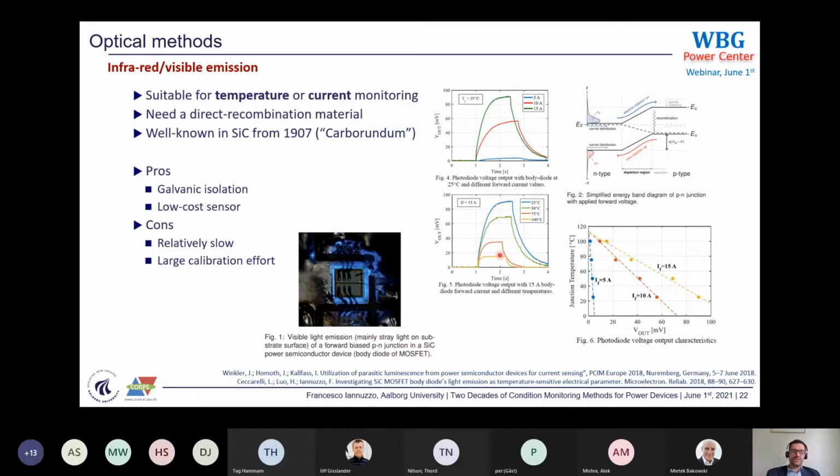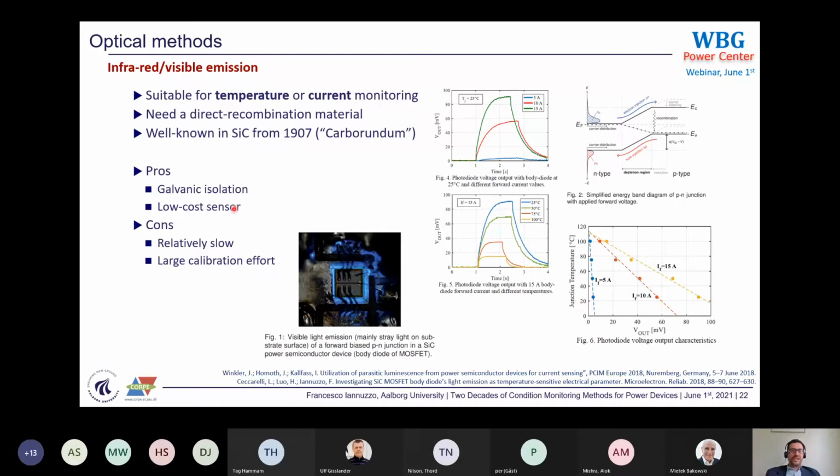It is not extremely sensitive, but you can see here a nice picture of a calibration we did with this kind of method. For a given current, you have a very nice correlation between temperature and output voltage. We are talking about 80 millivolts over 100 degrees Celsius, so some fraction of a millivolt per degree Celsius, which is not incredibly sensitive, but still meaningful.